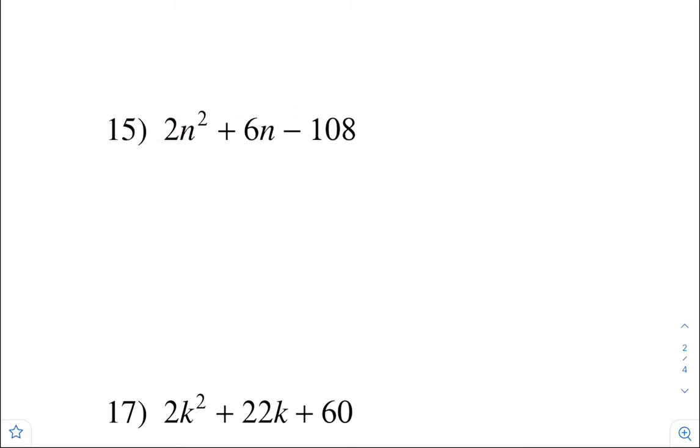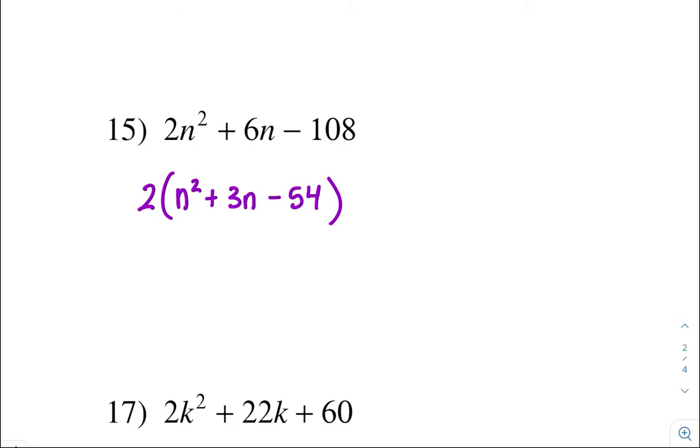We can factor out a common number that goes into all of these, and it's 2. Remember, when we factor out a 2, we're really dividing each number by 2. So 2 divided by 2 is 1, so just n squared. 6 divided by 2 is 3, and negative 108 divided by 2 is negative 54.